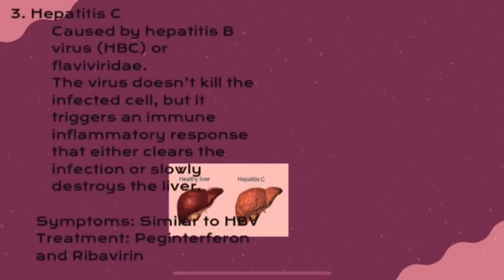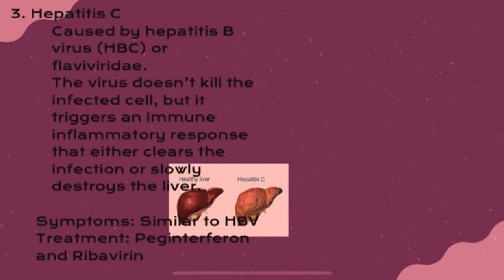Hepatitis C is caused by the hepatitis C virus, or Flaviviridae. The virus does not kill the infected cell, but it triggers an immune inflammatory response that either clears the infection or slowly destroys the liver. Since hepatitis C's method of transmission is parenteral, it is spread through contact with blood from an infected person.